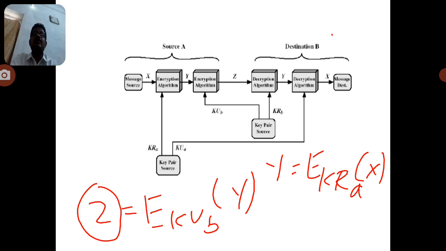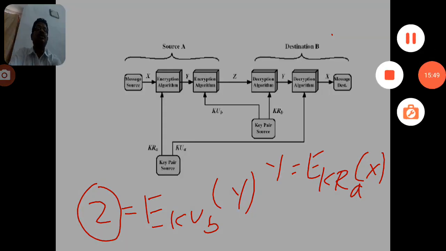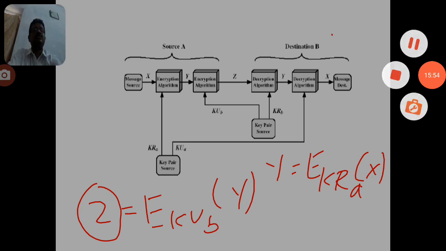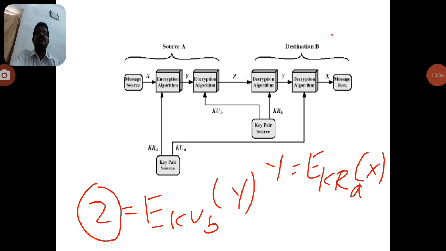That's why it is so popular, and it provides more security compared to conventional cryptography, where only a single key is operated on both the encryption side and the decryption side, whereas public key cryptography defines two keys, the public key and the private key.